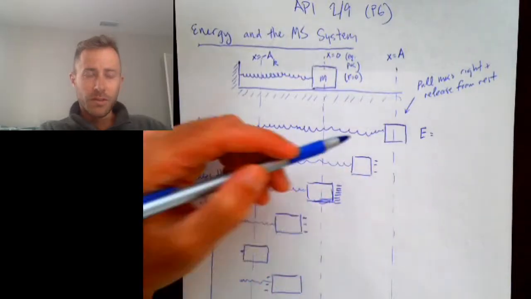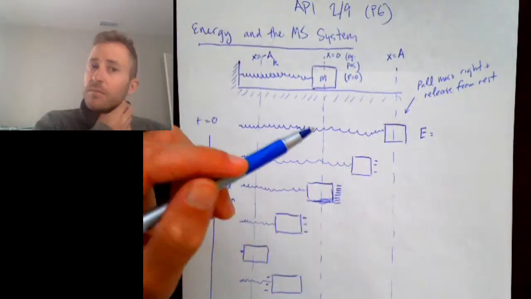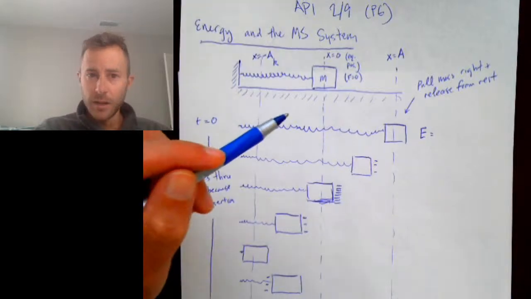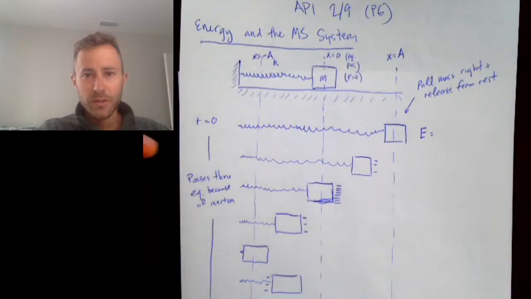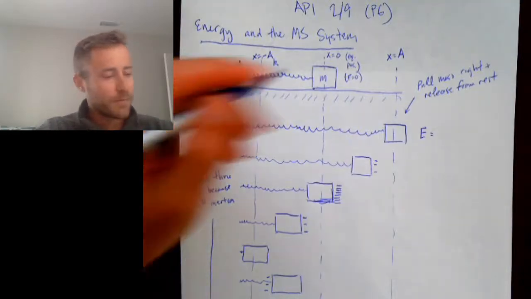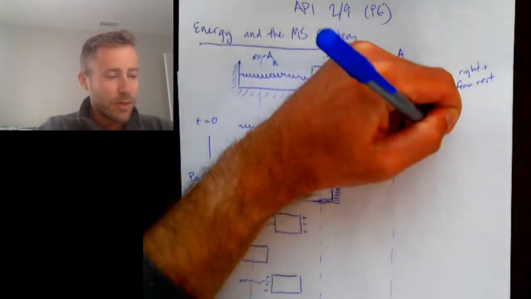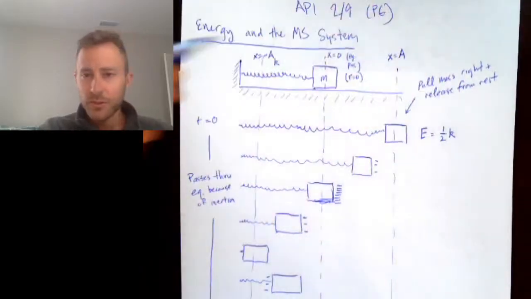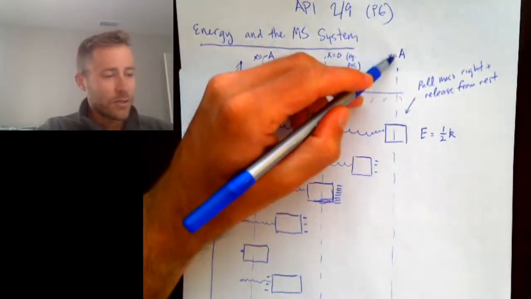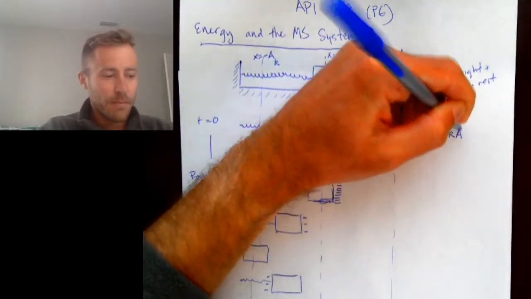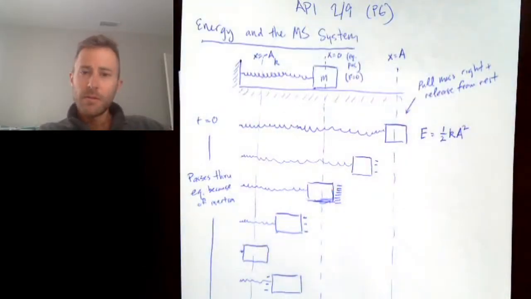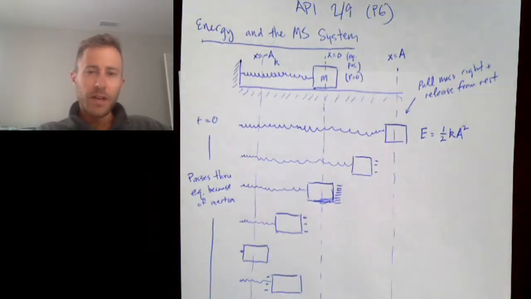Well, the mass is not moving, so it has no kinetic energy, but the spring is stretched, so it has elastic potential energy, which is given by the formula 1/2 kx squared, and its x-coordinate at the extreme point is A. So that is the energy when it is at the extreme point.